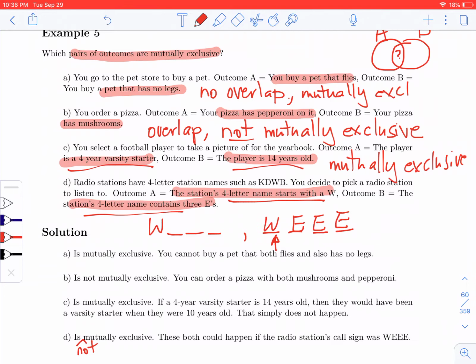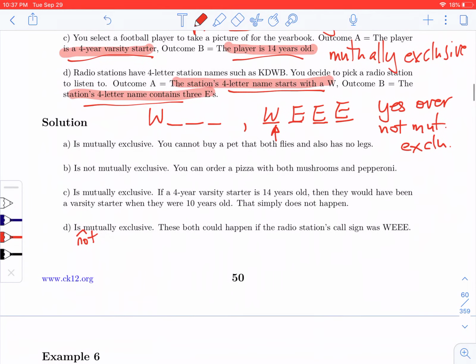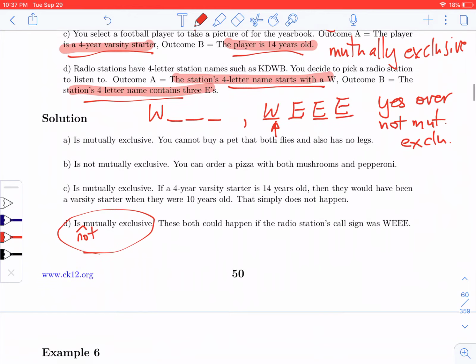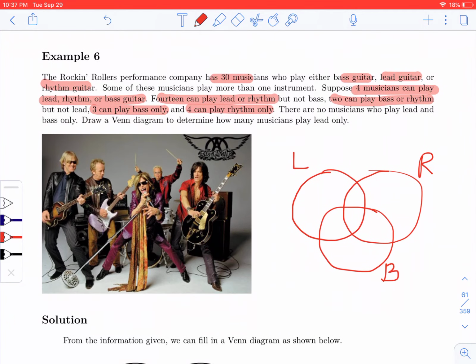Why, yes. Could the first letter be W? Yes. So is there overlap? Yes. You could have both outcomes happen at the same time. Okay? So these are not mutually exclusive. Clearly they made a mistake there in their solutions and they said is mutually exclusive, but they explained it right.